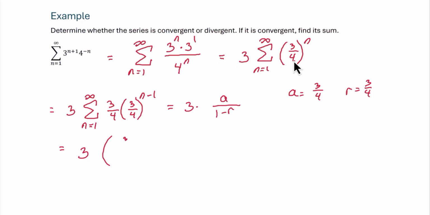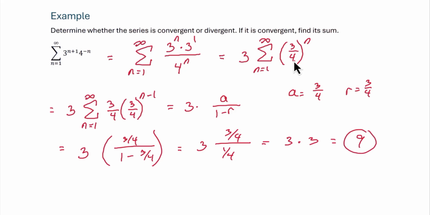So a is 3/4. 1 minus r is 1/4. That's 3 times 3/4 divided by 1/4. That is 3 times 3, which is 9. So here the series converges to 9.